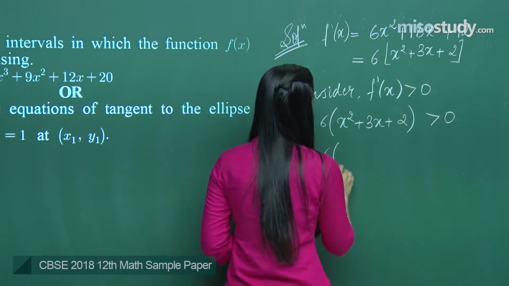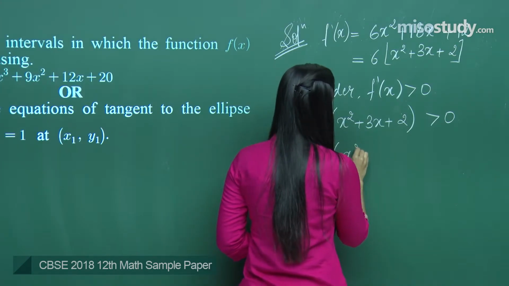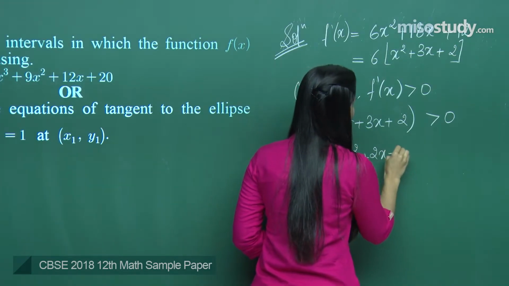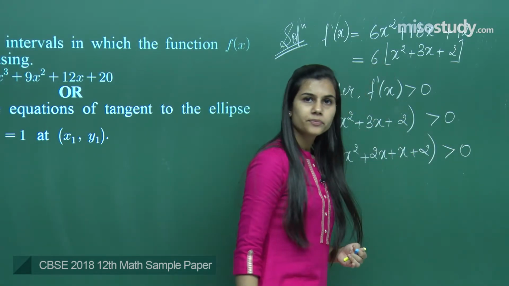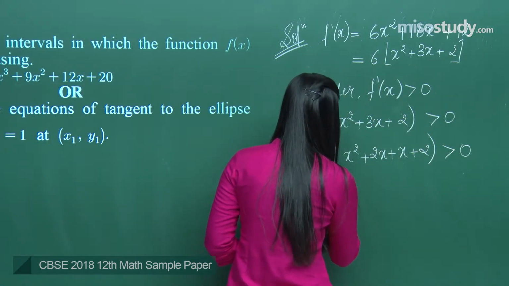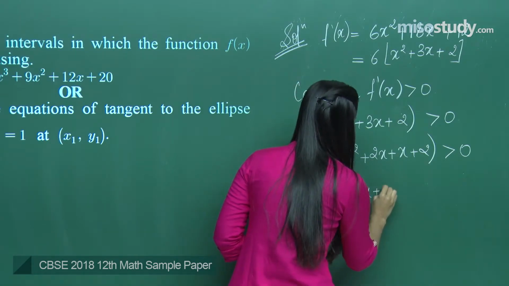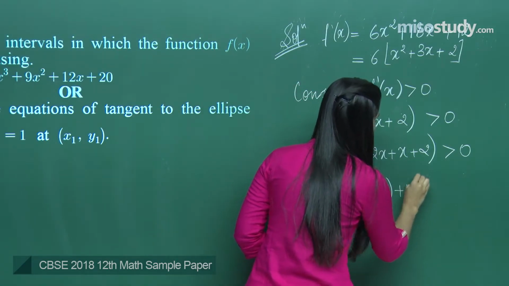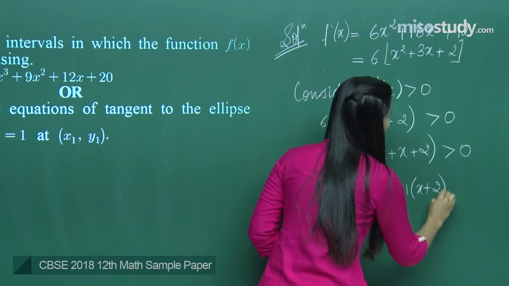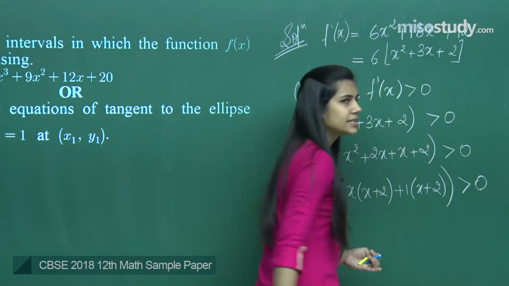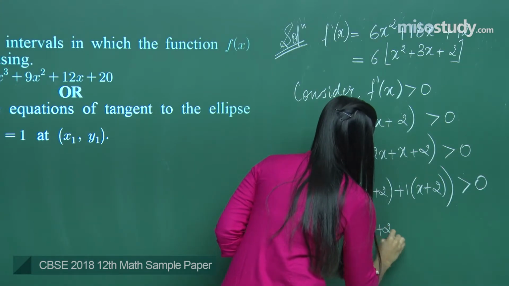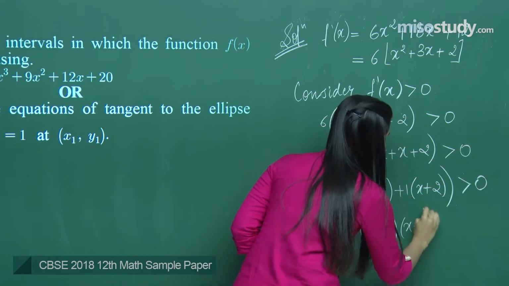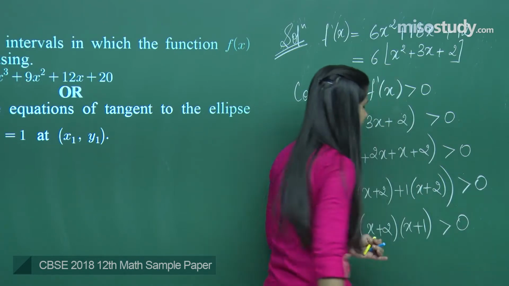Now this is what will break the middle term. X square plus 2x plus x plus 2 is greater than 0. Simplify this. What is it that you get? X plus 2 plus 1 x plus 2. Isn't it? You have x plus 2, x plus 1. This is greater than 0.